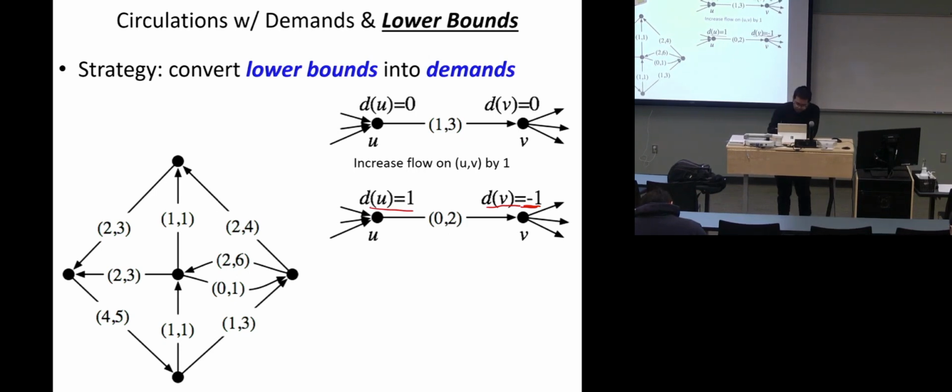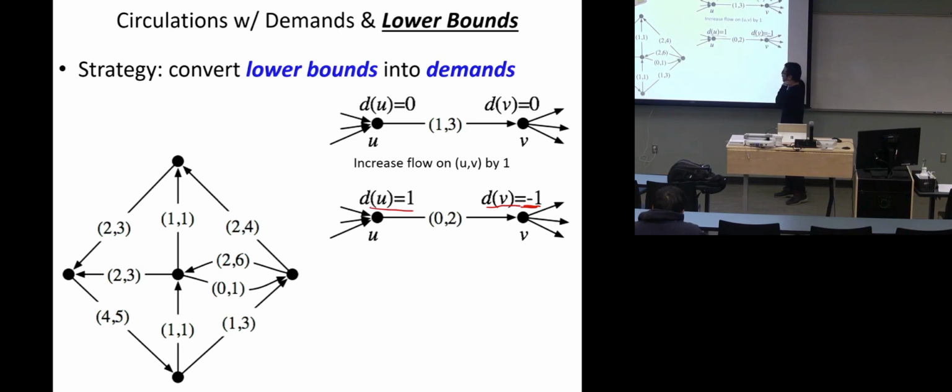So what does it mean here? Suppose I can find a flow such that this node receives a net flow of 1. This node will then be able to send flow out by 1.